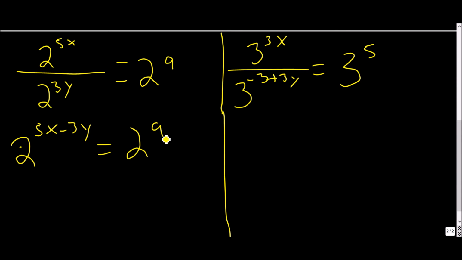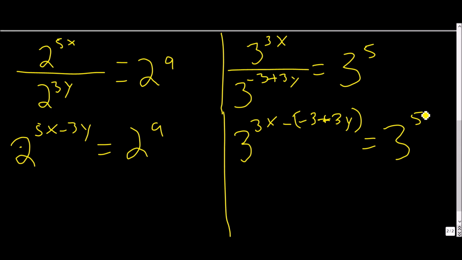And on our other side, we have 3 to the 3x minus what we have on the bottom, which is negative 3 plus 3y. Now notice how I put the bracket there, because we're subtracting the whole thing. And when we subtract a whole thing, we need to make sure that we account for the fact that signs may switch.